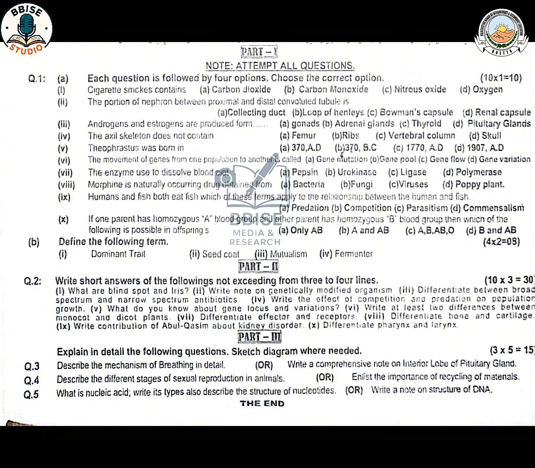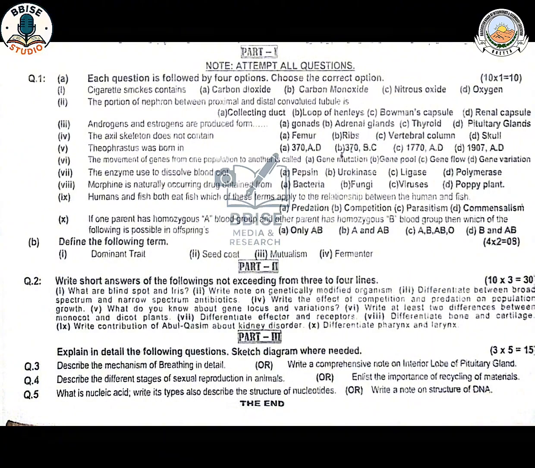For the second question, which is to write a comprehensive note on the anterior lobe of the pituitary gland, we can note that there is no specific diagram provided in our textbook, so we don't need to draw one. Instead, we will focus on defining the anterior lobe and then describing the various hormones it secretes.